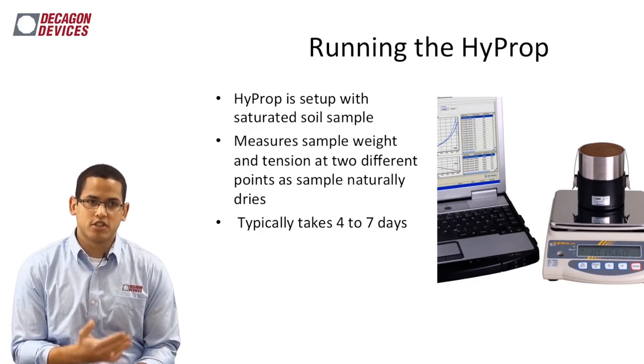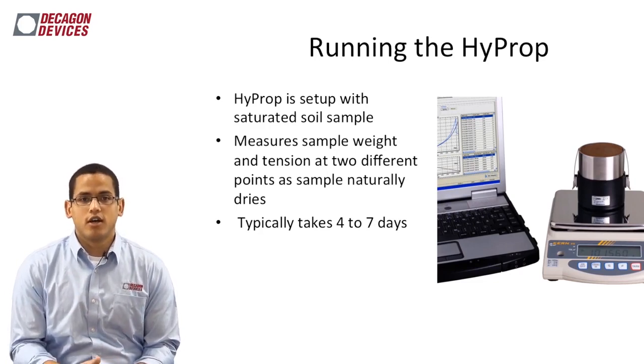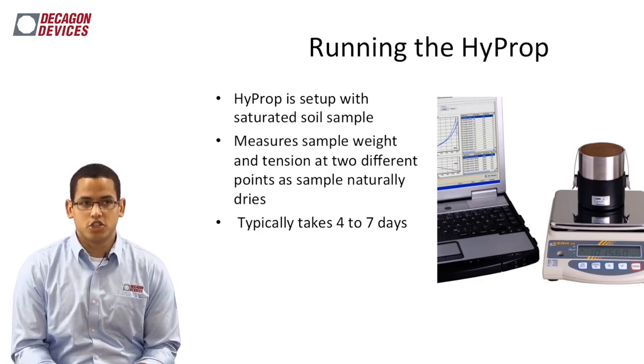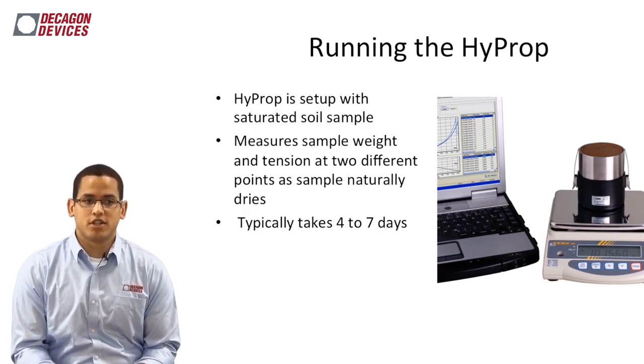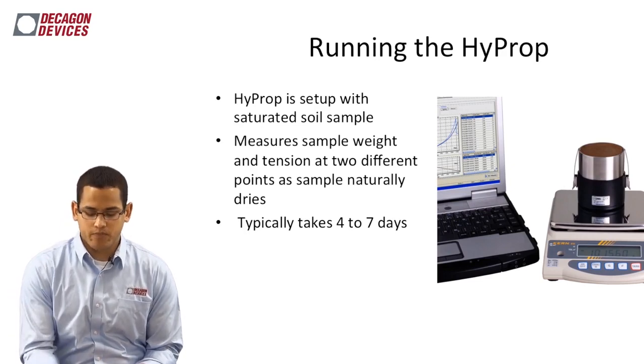This allows us to get the water content change and the change in water potential of the sample to help us generate that moisture characteristic curve. Typically, this process takes about 4 to 7 days, depending on the soil texture, and also on conditions within the room that control the rate of evaporation.